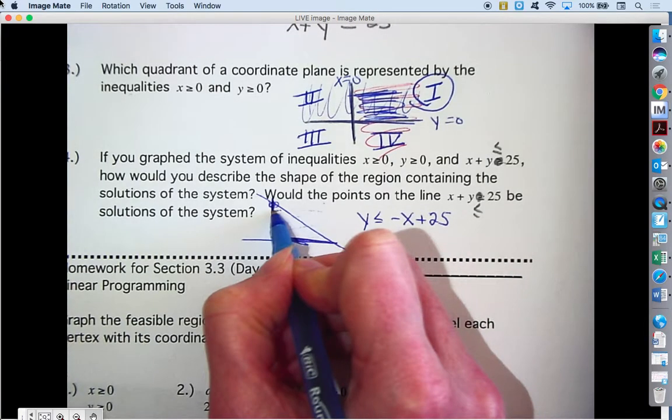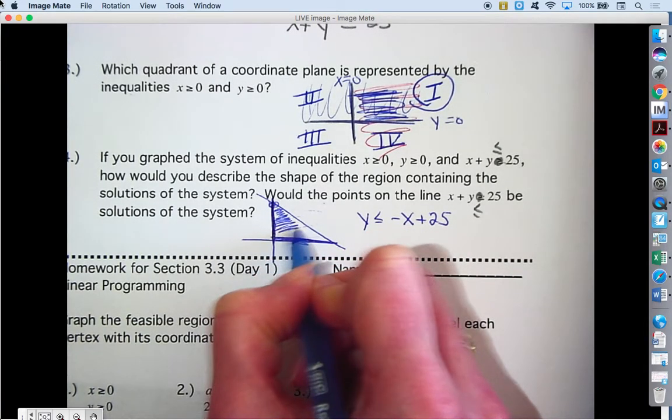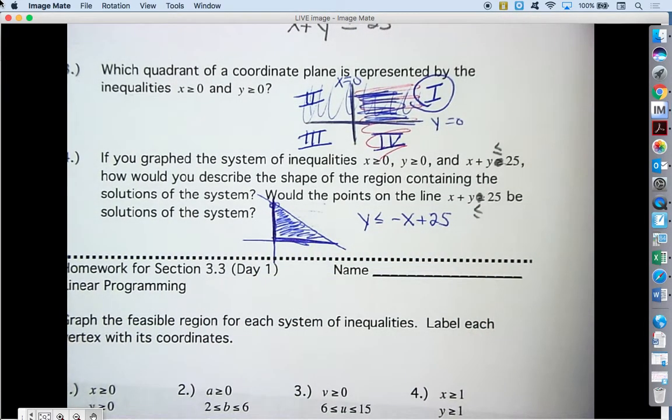So the shape that you would get would be this shape here, which is a triangle. These two lines, the x and the y being greater than or equal to 0, are forcing it to be in the first quadrant. And then the fact that it's x plus y should be less than or equal to 25. Otherwise, you don't have a shape. If it's less than the line, it's underneath all the points on the line. So that creates a triangle.